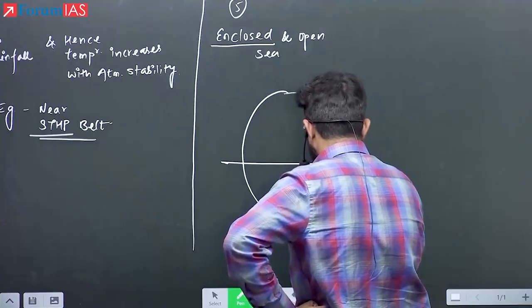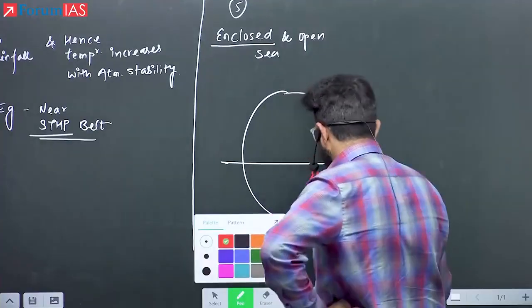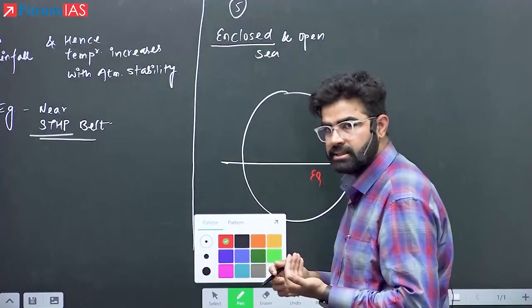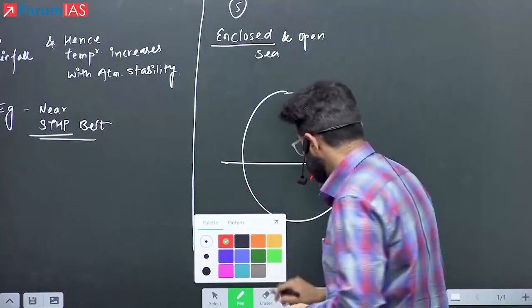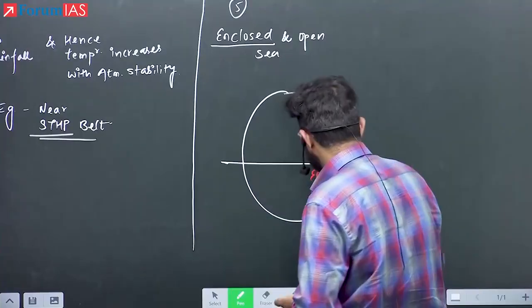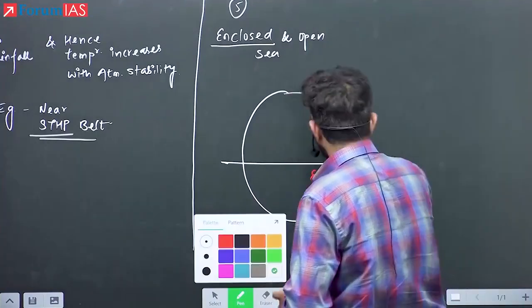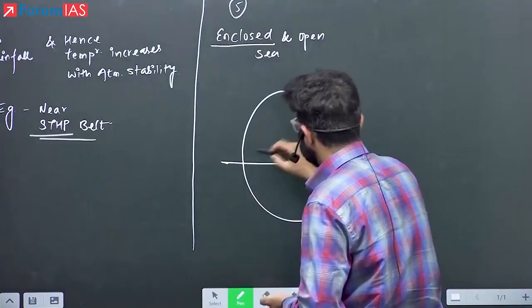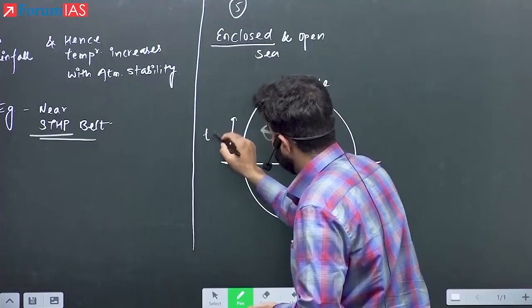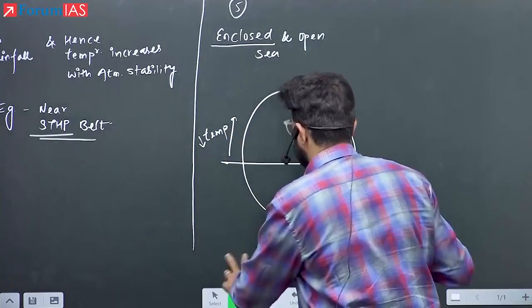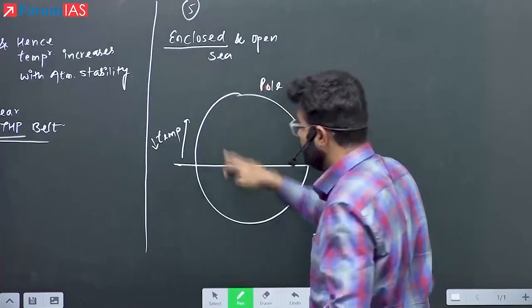So in general, you are now aware of this trend that if I go from the equator to the polar area, the temperature should increase or decrease? It should decrease. Yes. So I am just considering this is the equator. Here we have the polar area. Now the general trend is the temperature should decrease with latitudes, from low to high.